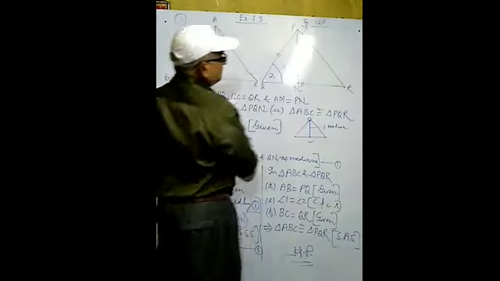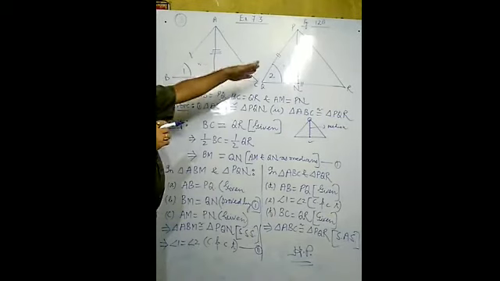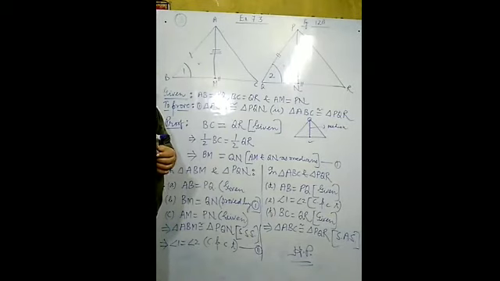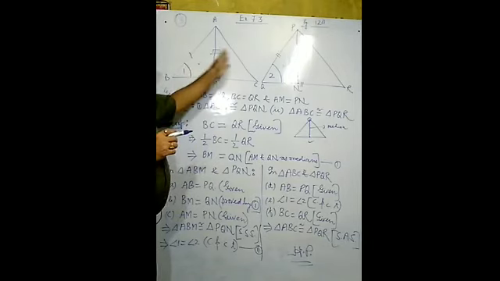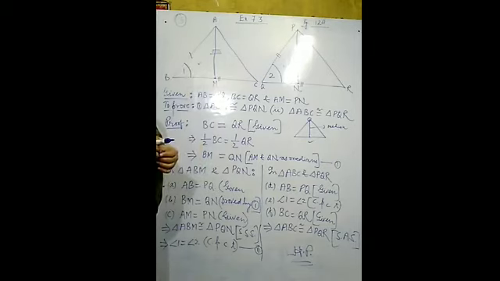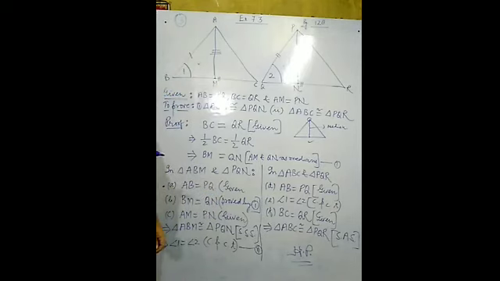This means the left side triangles of both the figures are congruent. This is the first part. What is the second part? In the second part, complete triangle ABC is congruent to complete triangle PQR. This is the second part of the question.